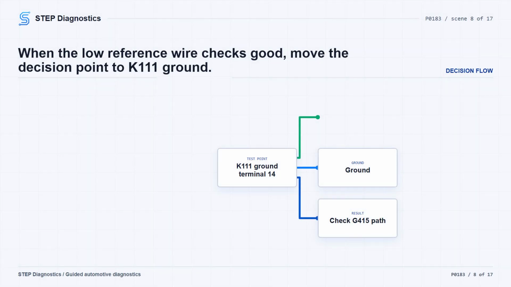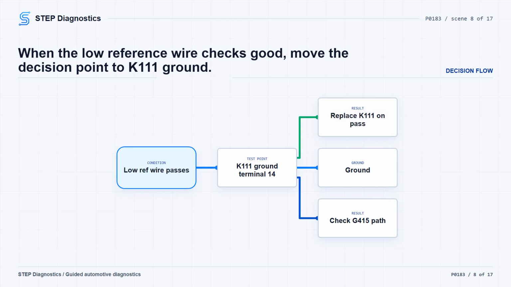If that low reference circuit is less than 2 ohms, move to the control module ground side. Test ground circuit terminal 14 at the control module harness to ground. It should be less than 10 ohms. If it is 10 ohms or greater, disconnect ground G415 and test ground circuit terminal 14 to terminal G415.